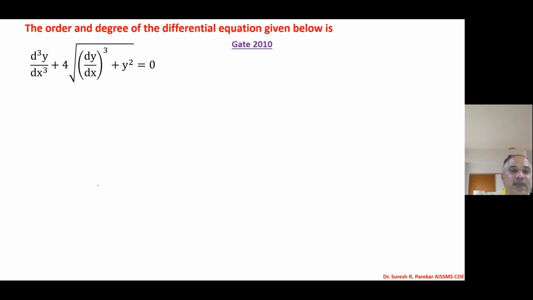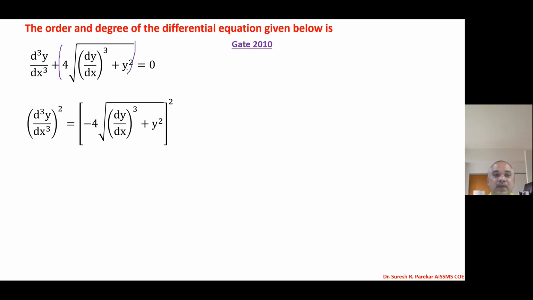Then we have this question which was asked in 2010. So in this, we have to take this part on the left side. And then as we have this as a root, we are going to square both sides. Now this root and this square get cancelled. Minus 4 squared becomes 16.